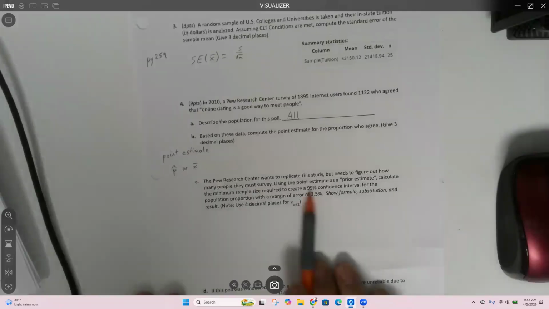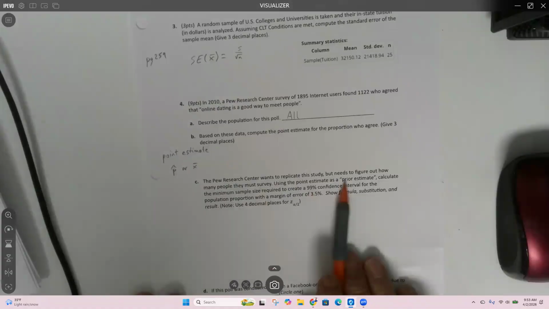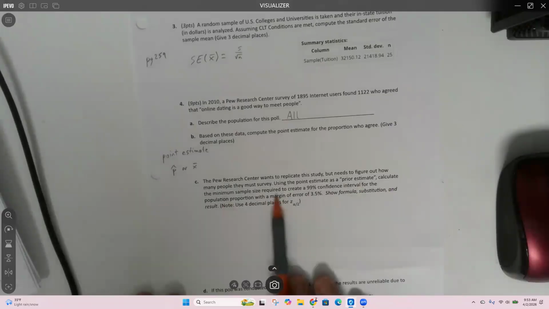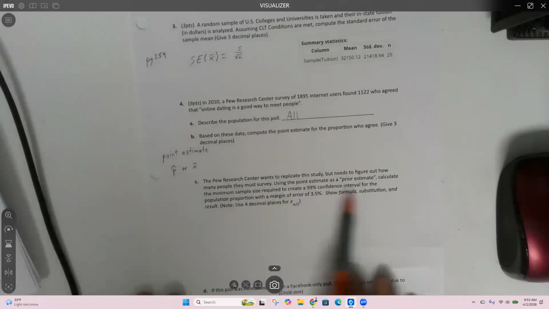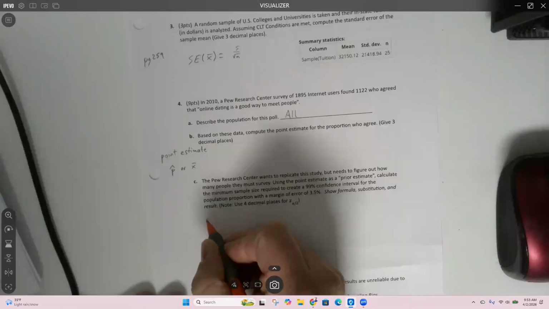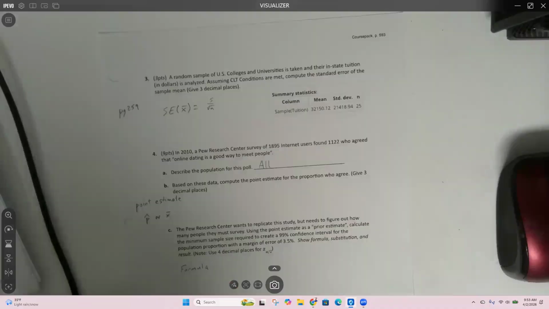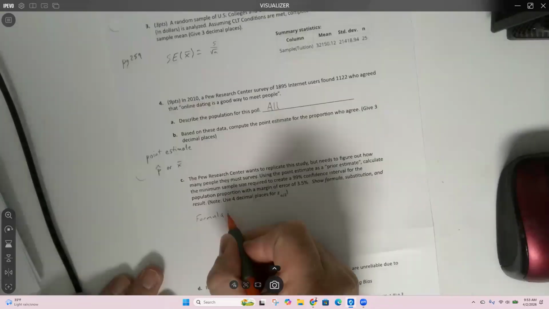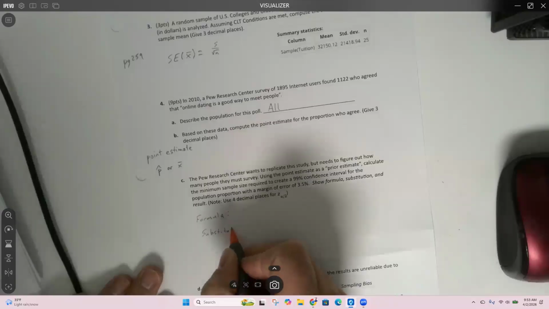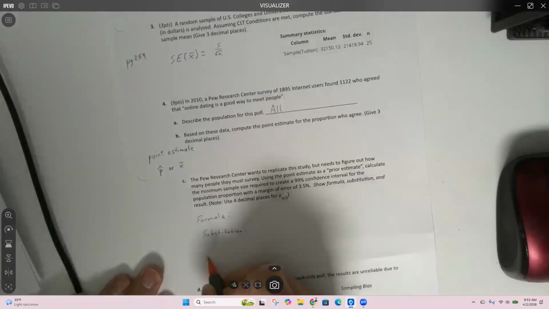Pew Research Center wants to replicate the study, but needs to figure out how many people they must survey. Using the point estimate as a prior estimate, calculate the minimum sample size required to construct a 99% confidence interval. Okay, so margin of error. For this, you need your formula, substitution, and a result.